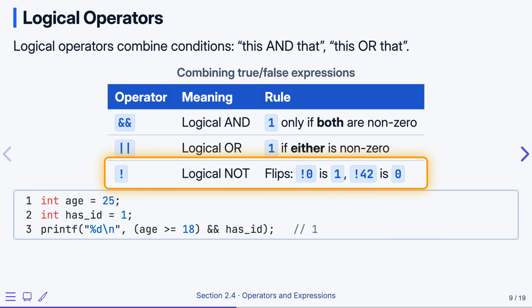The exclamation mark is logical NOT. It flips the value. Not 0 is 1, and not 42 is 0, because any non-zero value counts as true. In the example, age is 25 and has id as 1. Age greater than or equal to 18 is true and has id as true, so the AND gives 1.